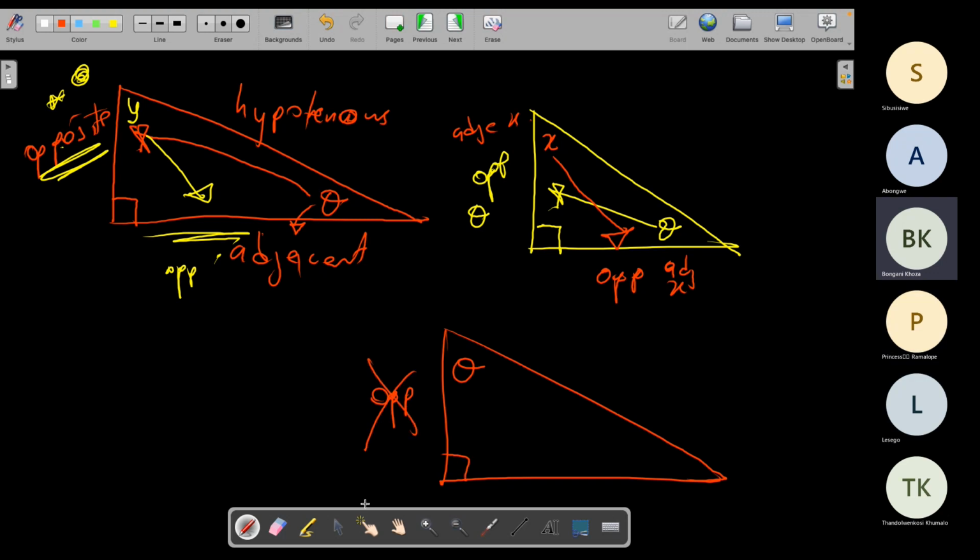This cannot be opposite. Are we okay? This is adjacent relative to theta. I hope that makes sense. Who's lost? Anyone lost?